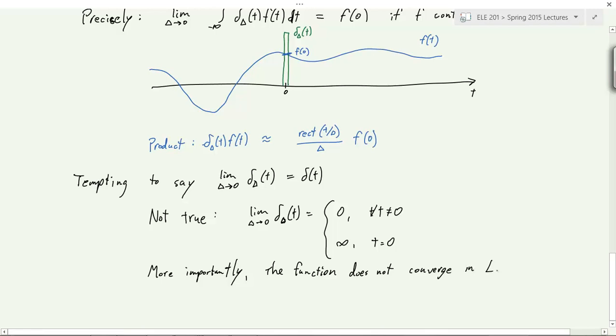If that means something to you, great. In other words, the error between these delta function approximations and this final limit blows up under the L2 norm, under the energy. It goes to infinity. So this limit is not going to do anything nice for us.